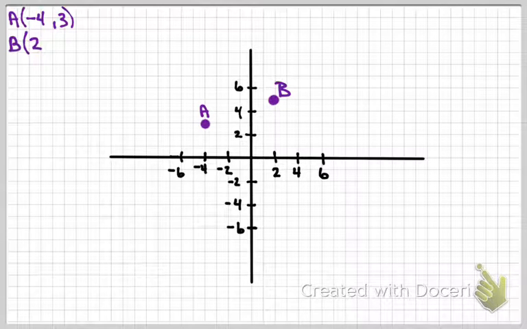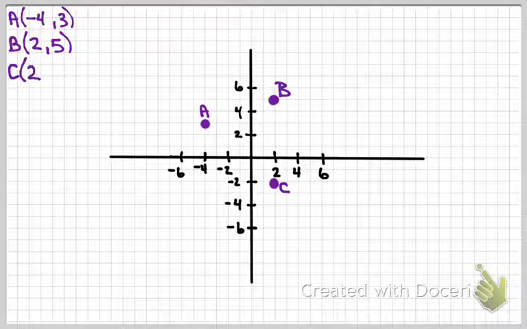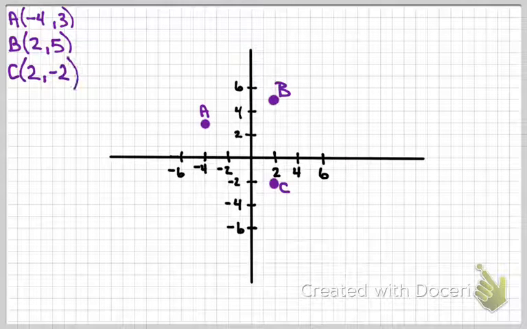All right, and then point C. What's the ordered pair that matches point C, Elizabeth? 2, -2. I can tell I'm hitting some of your strong suits. You're pretty good at the coordinate plane, ordered pairs. This is kind of a change of scenery from chapter 1.